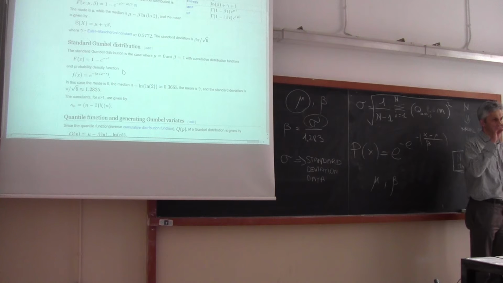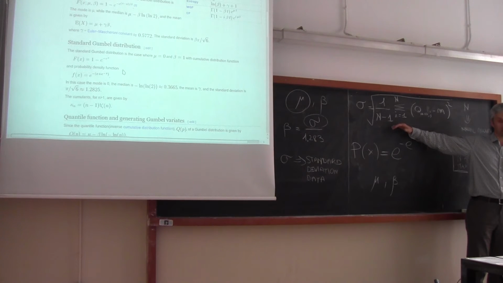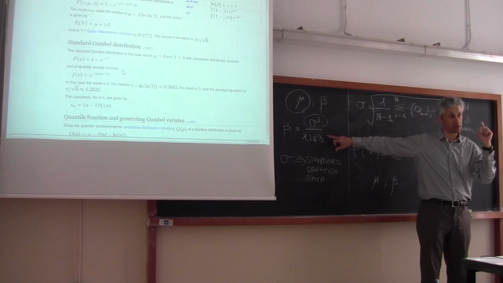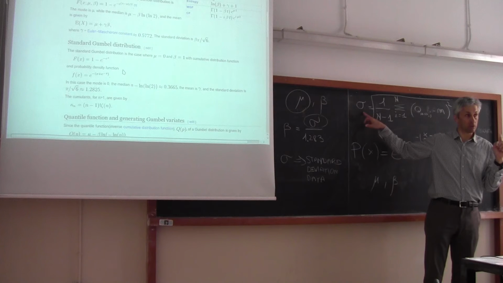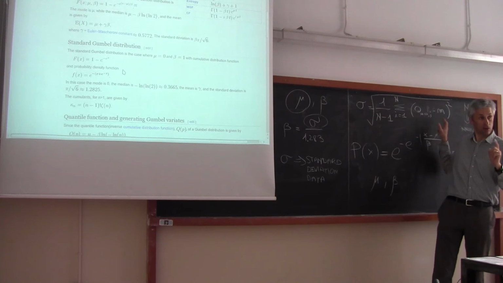So one concept which is important, basically what I did here is to estimate one parameter of the distribution, to estimate beta, depending on two statistics of the data. And the two statistics are the standard deviation, which in turn depends on the mean of the data.